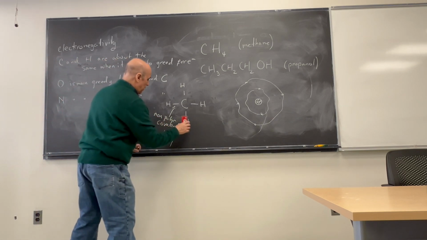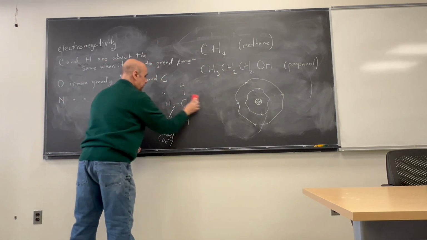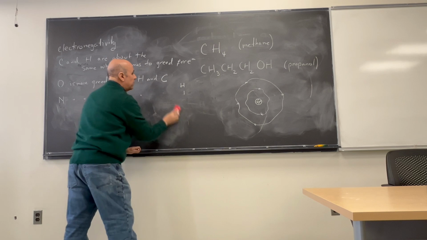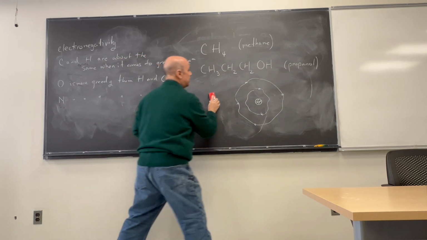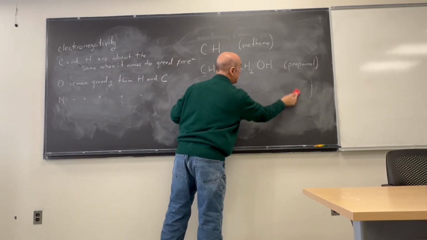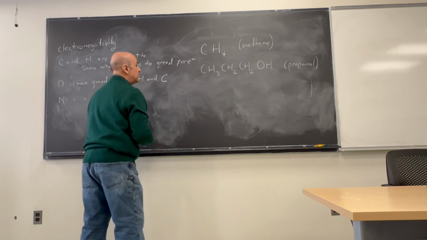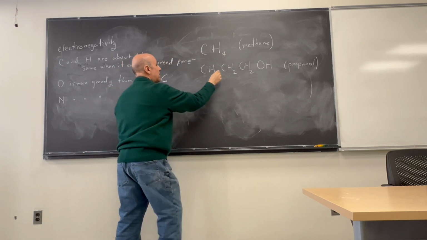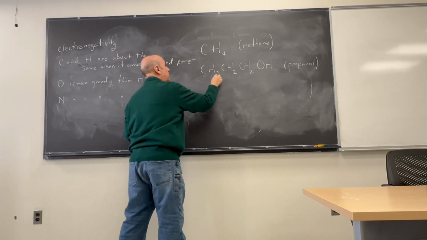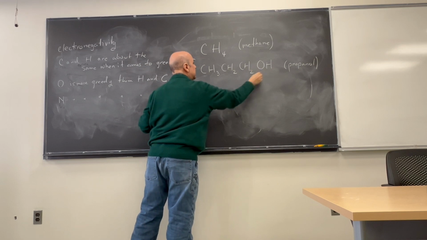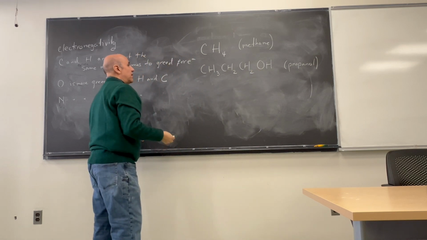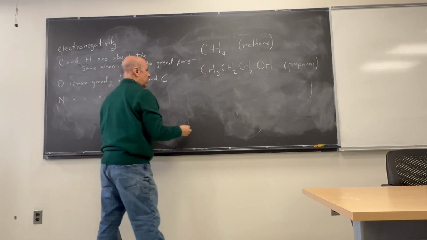Okay, so let's put together this molecule and explain a couple of features about it. So I'm going to blow it all up. I'm going to show every bond that exists in this somewhat longer molecule, but still a very short one comparatively speaking.